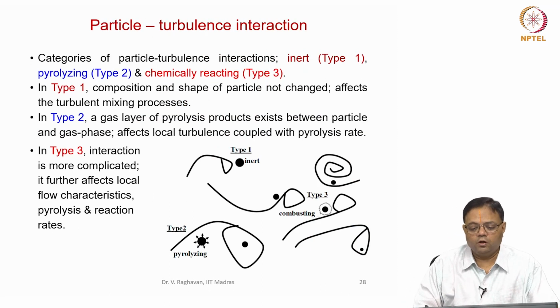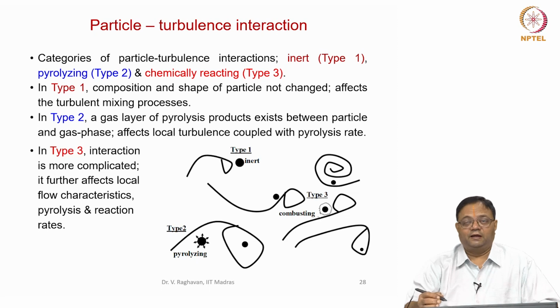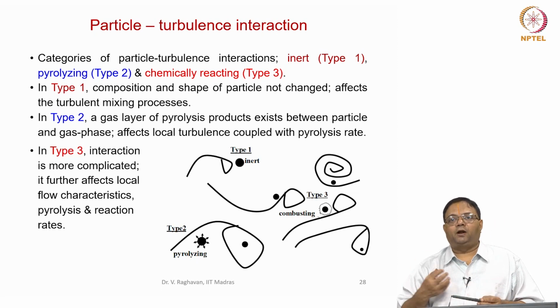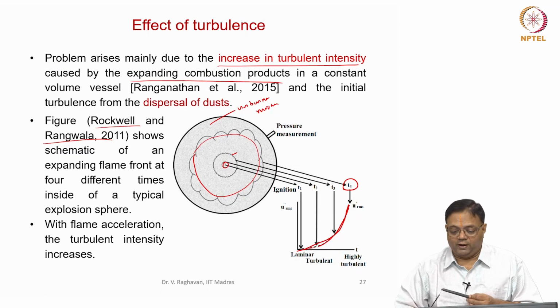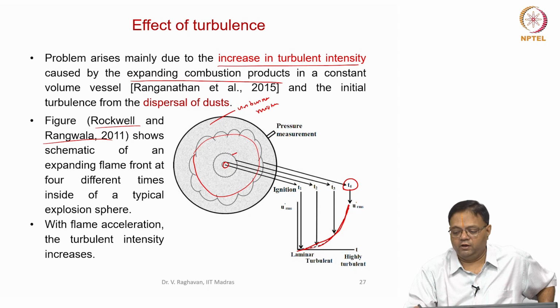So now people have also categorized the particle turbulent interaction. Basically, in the gas phase it is very simple, but if the particle is there, go back here, if this is only a homogeneous mixture, no issue. Yeah, the situation is somewhat different.